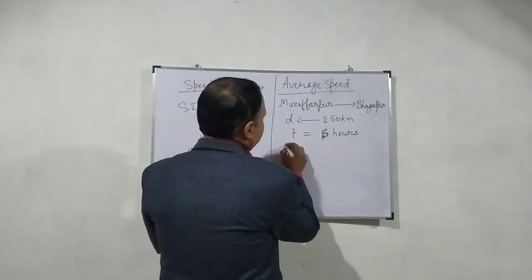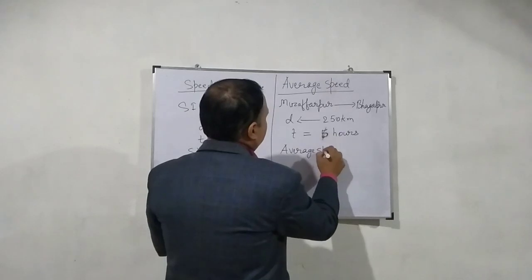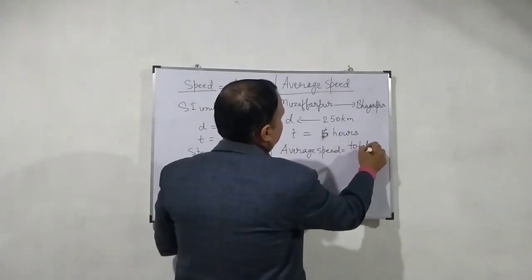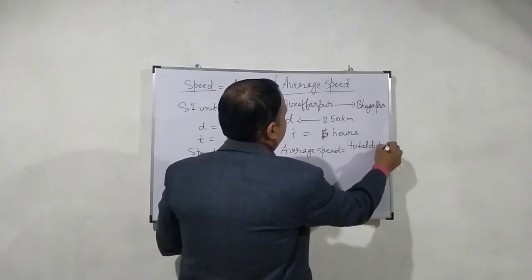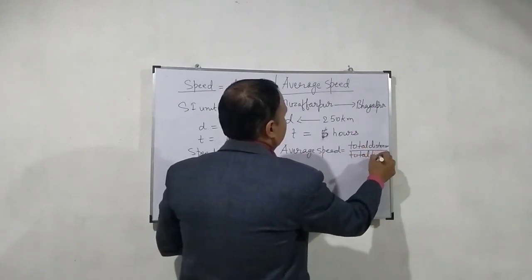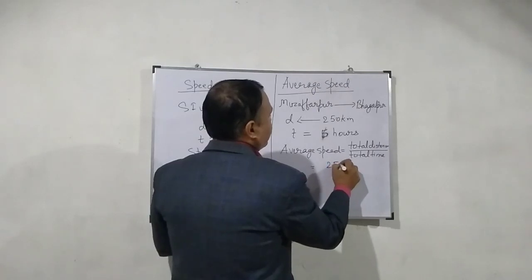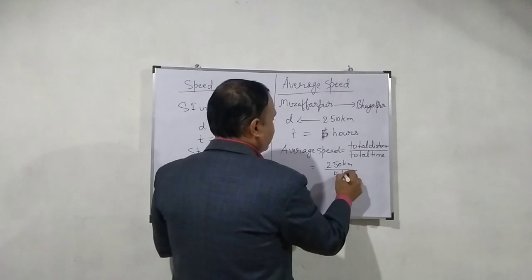So average speed is total distance by total time. Now in this case total distance is 250 km and the total time taken is 5 hours.